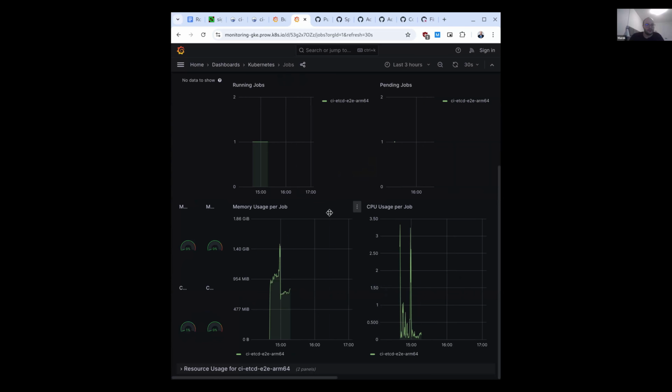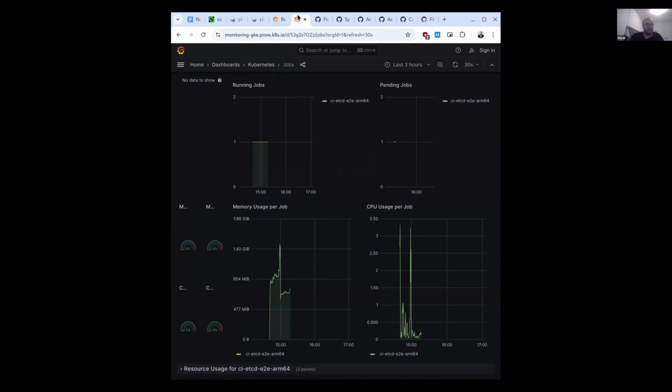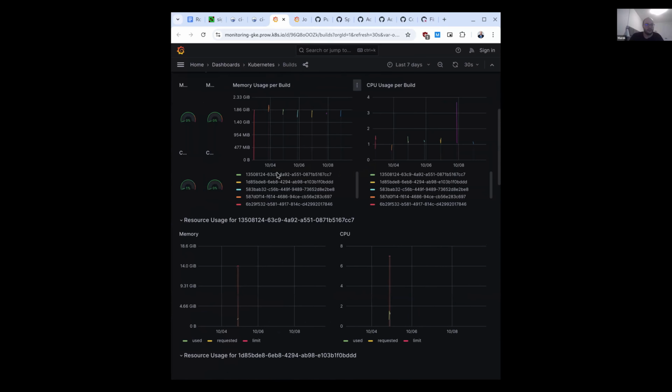We can see the jobs for the project. These Grafana dashboards are really great, and we can also see the resource usage.